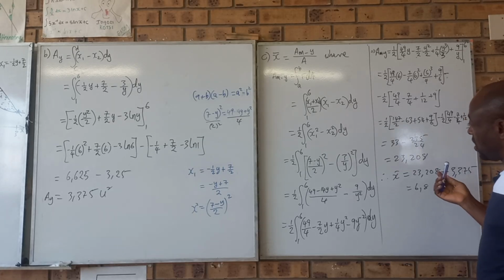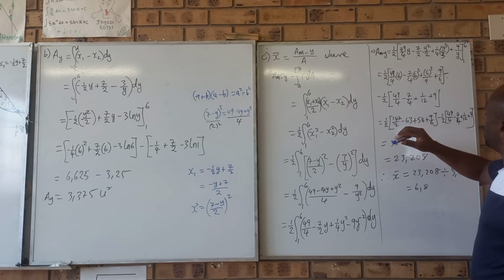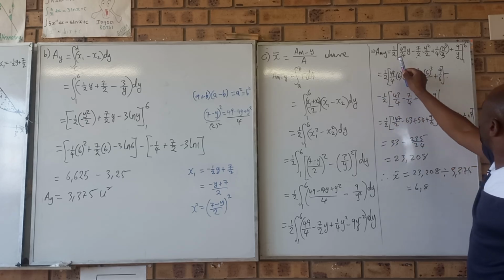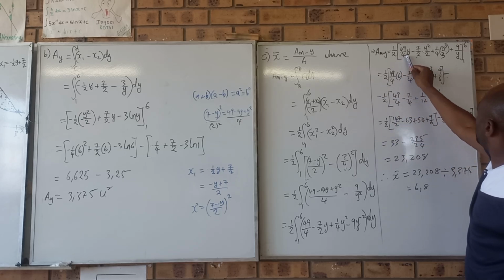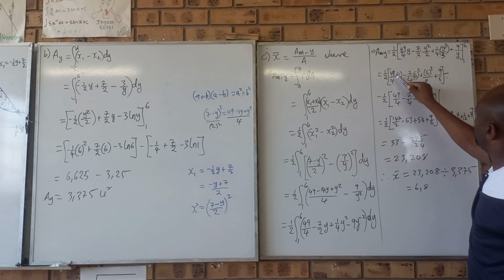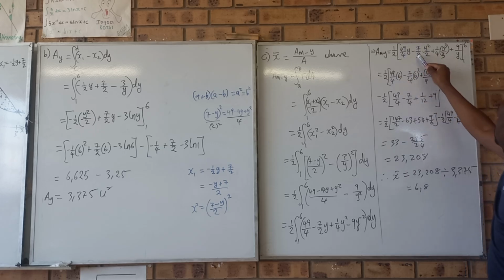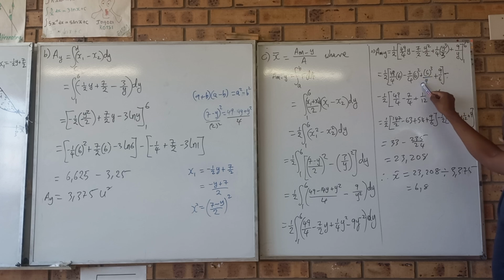So if I'm checking through the part, I will start by where I did my integral. You will see that here I got 49/4. I'm seeing it there. 7/4. I'm seeing it there. This is supposed to be 1/12. So you see, I can pick up where my mistake came from.